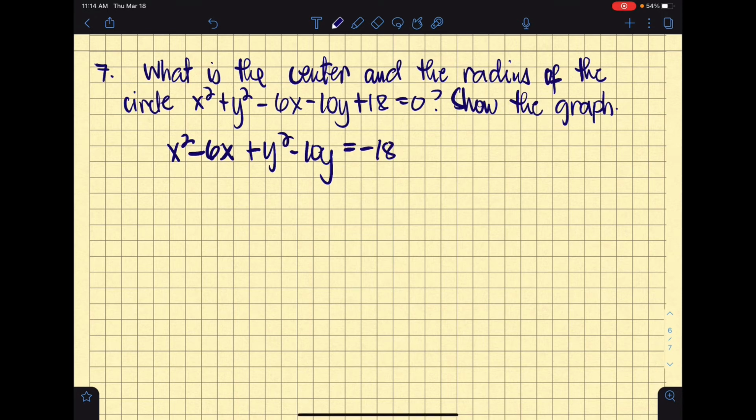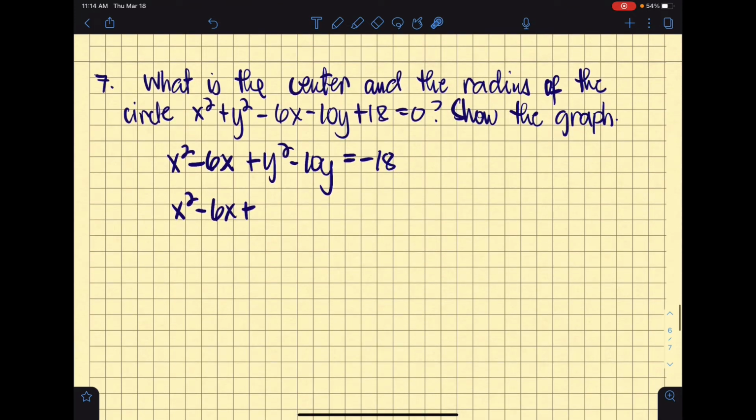And then second step is to add new terms to complete the square. Again, how do we complete the square? So first, we determine the second term, that is negative 6. We divide it by 2, then squared. So I'll just write the solution for completing the square here.